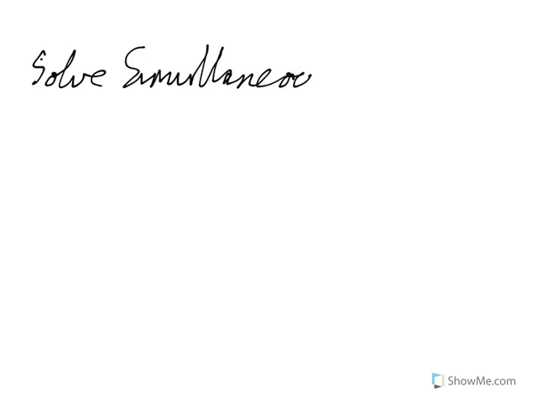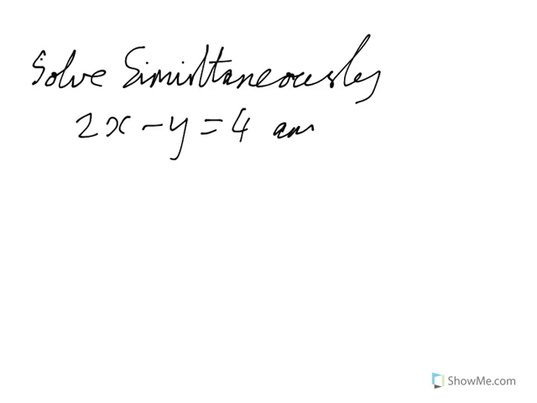Now you have done this before, so you might get something like this: solve simultaneously. Here we've got 2x minus y equals 4, and x plus 2y equals negative 3.